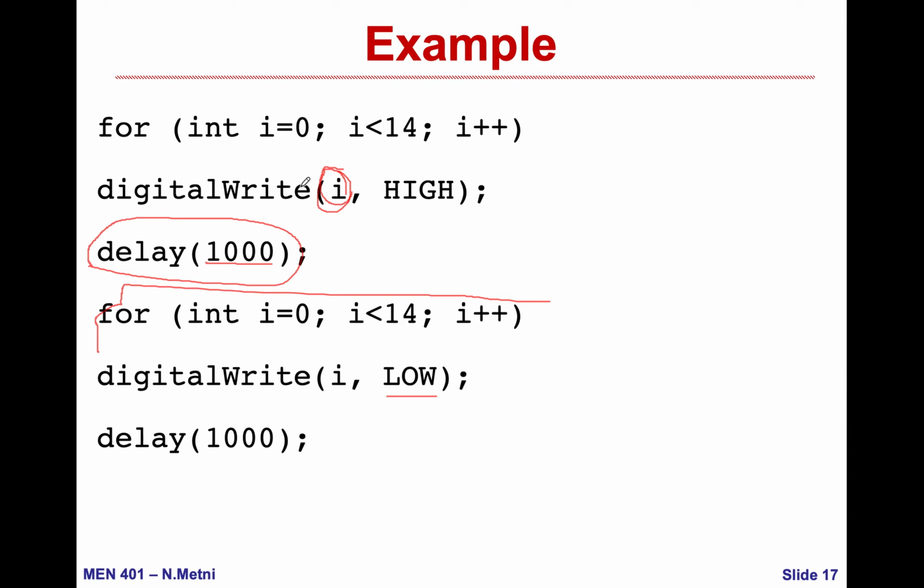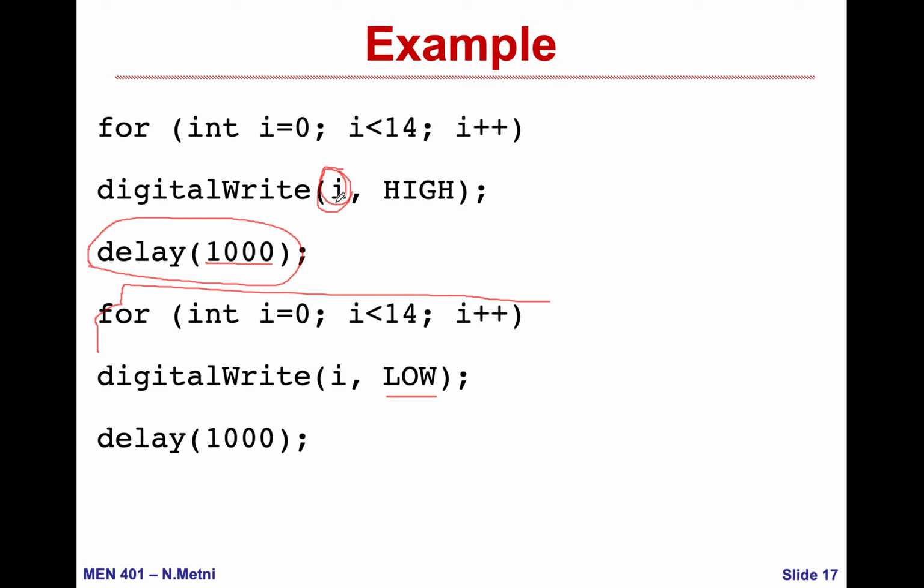Just a note that even if you see in the slides or in the code that here I'm writing 0, then I'm writing 1, then I'm writing 2, in real life, if you connect 14 LEDs to these pins, you will see them go on at the same time, because every instruction takes 2 or 3 clock signals, and every clock signal is 1/16 microseconds.